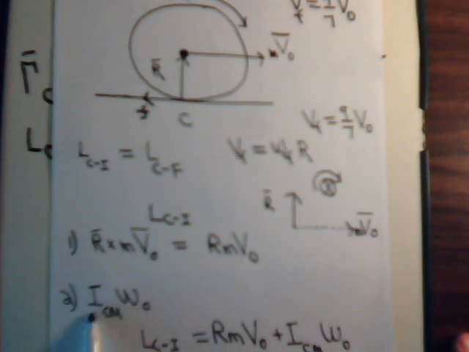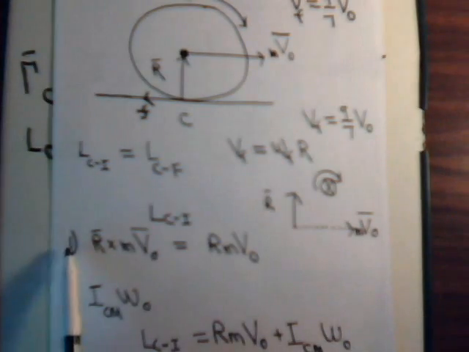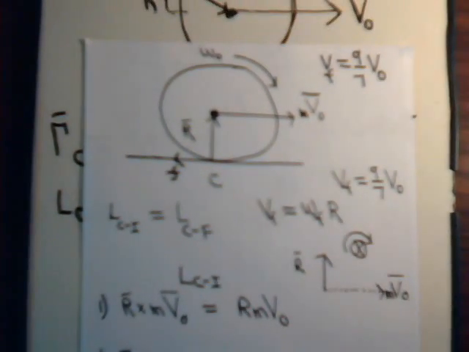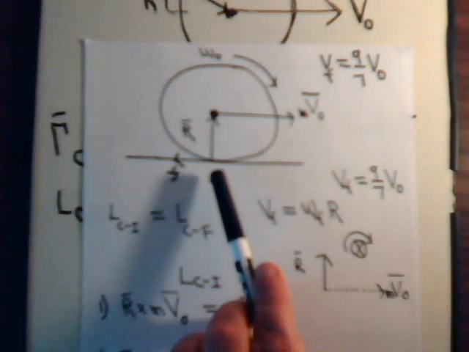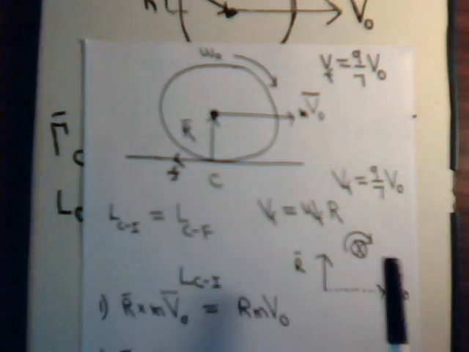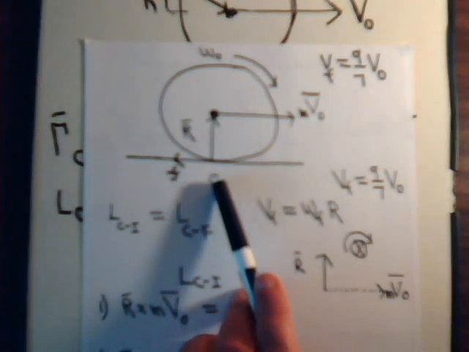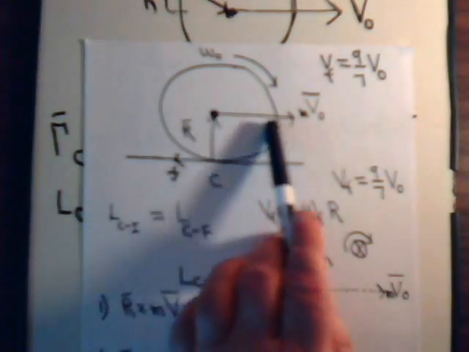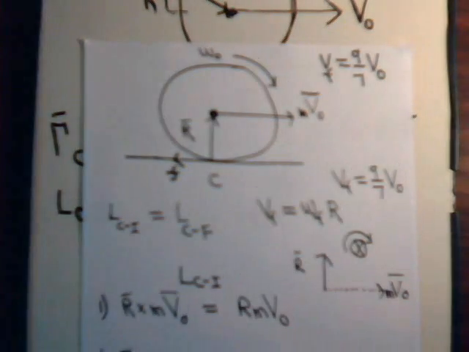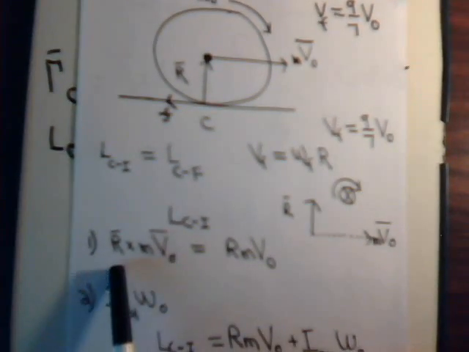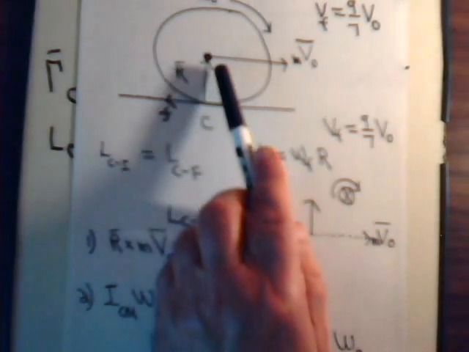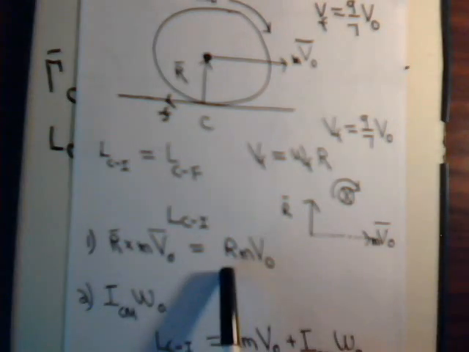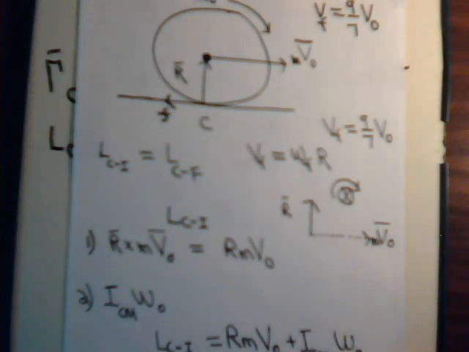Let's start with the first component. We need a position vector. It's just the radius of the circle, and then here's m v naught. So it's r cross m v naught. This is 90 degrees, so it's just r m v naught in magnitude.